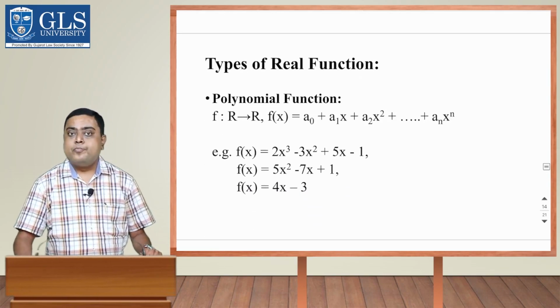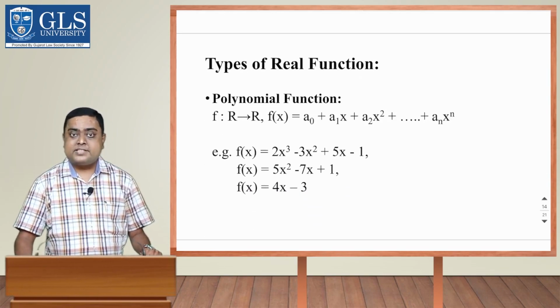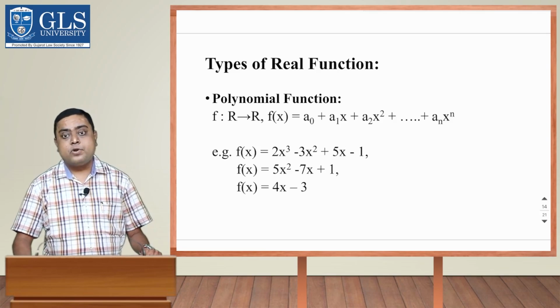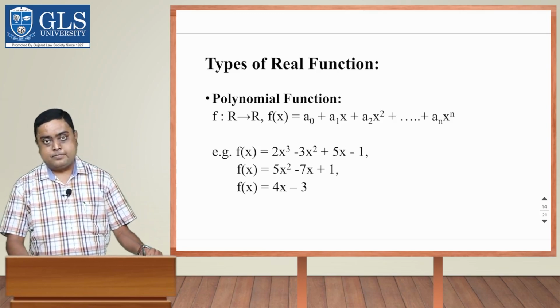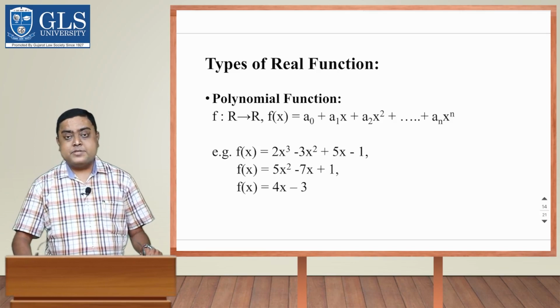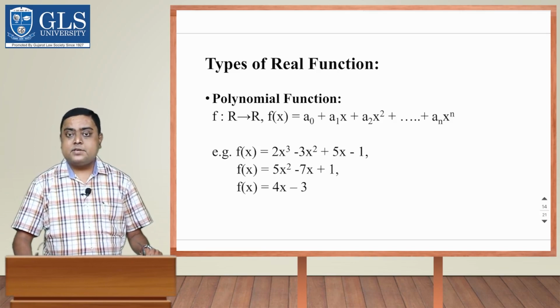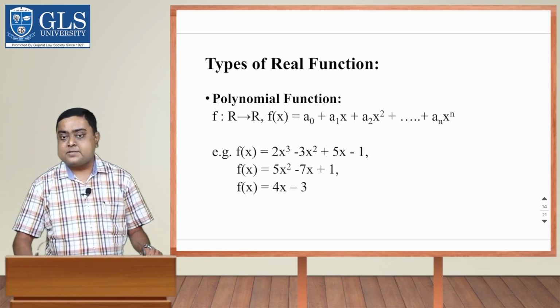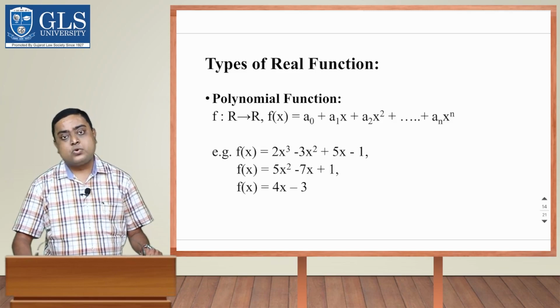Now, the next type of the real function is the polynomial function. The standard form of this polynomial function is a0 plus a1x plus a2x square and so on.